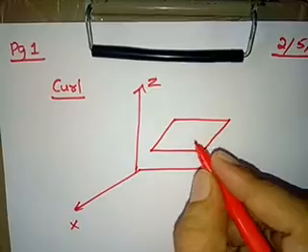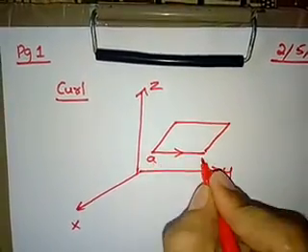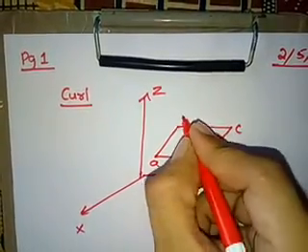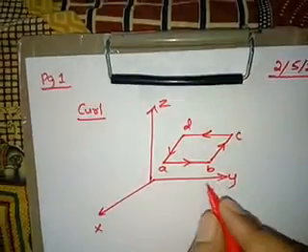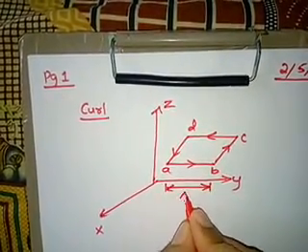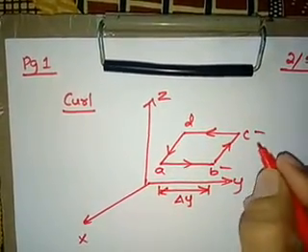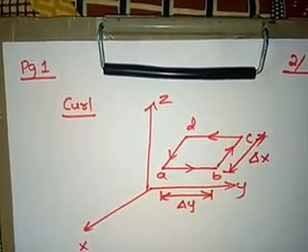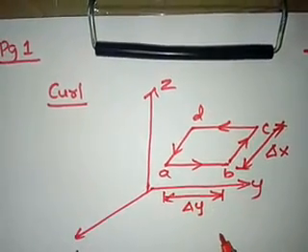Here the path of the current flow is from A to B. The flux line path is from B to C, then from C to D, and from D to A. This is the path of the flux lines. The distance from A to B is delta y, a small incremental length. Then the distance from B to C is delta x. So this is a small differential rectangular element.